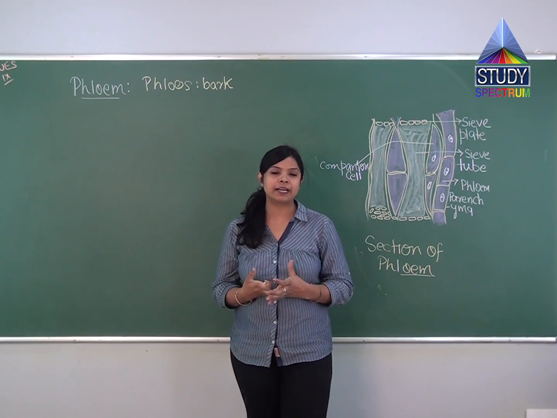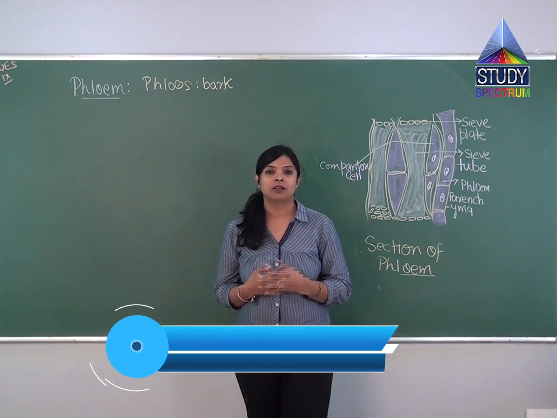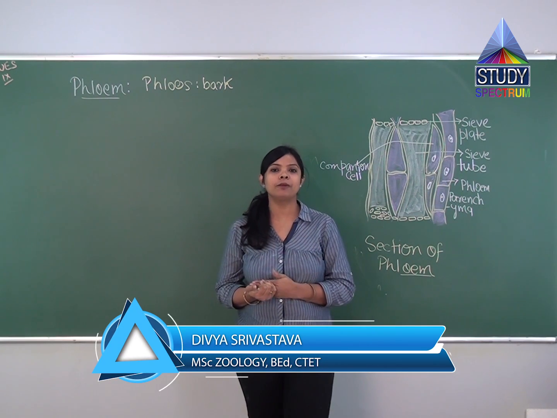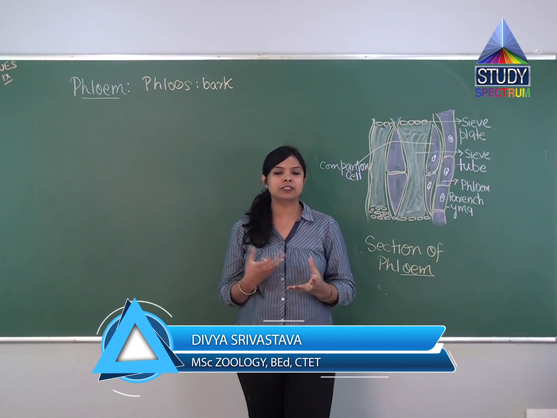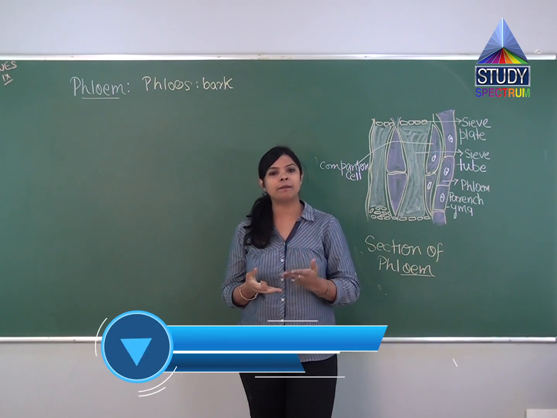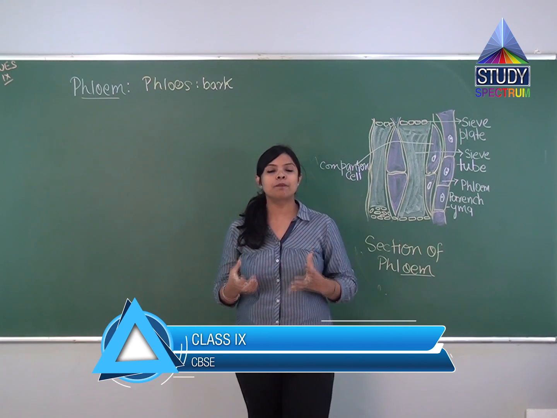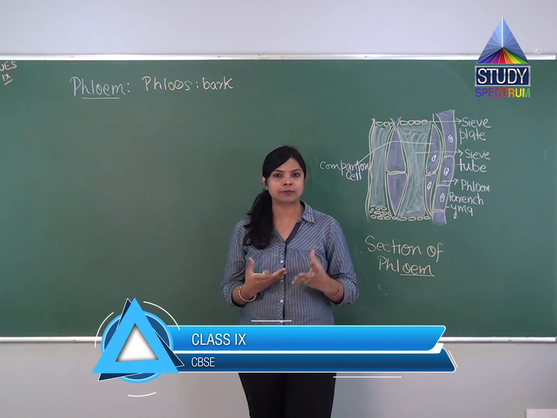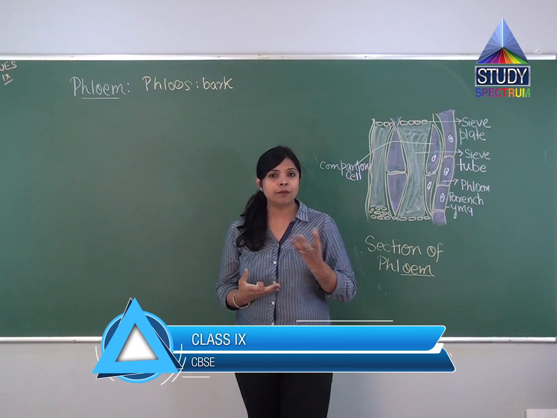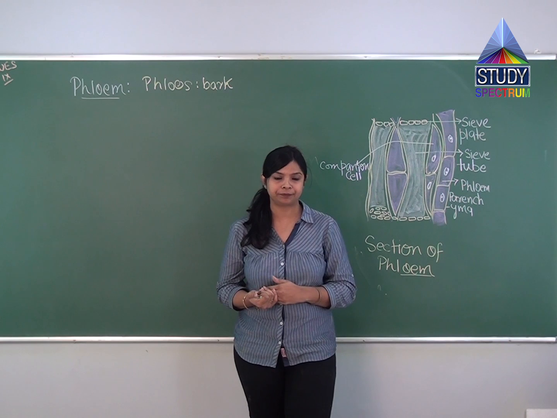It helps in the conduction of water and minerals to all parts of the plant. Other than this, the phloem conducts organic solutes or food material from leaves to all parts of the plant. As you see, leaves are the kitchen of the plants, so preparation of food takes place in the leaves. From leaves, phloem helps to conduct it to all parts of the plant.